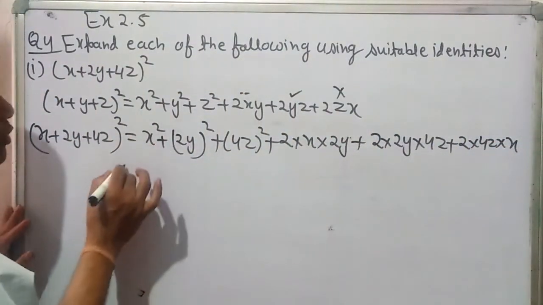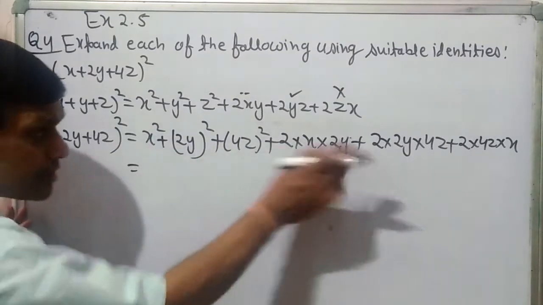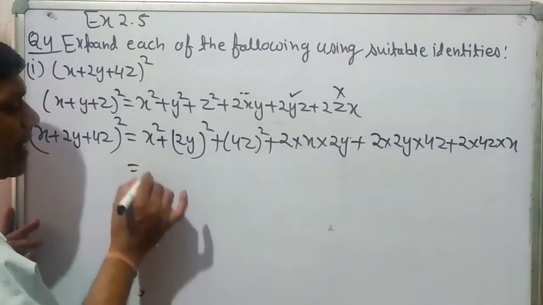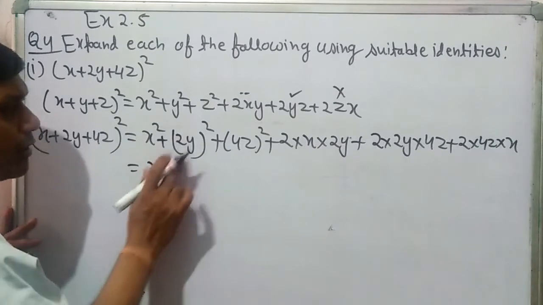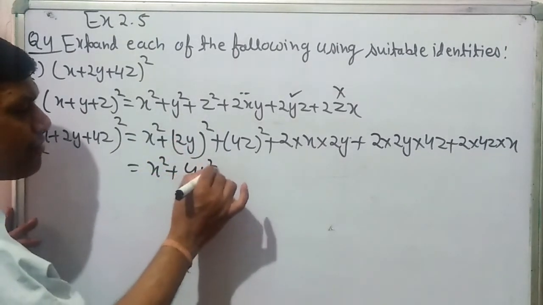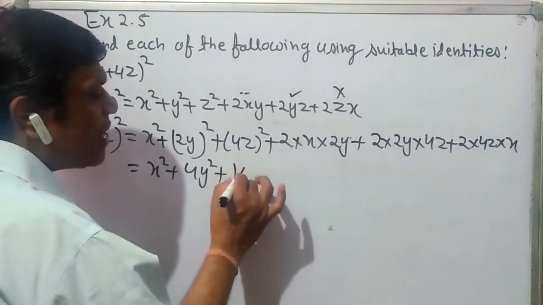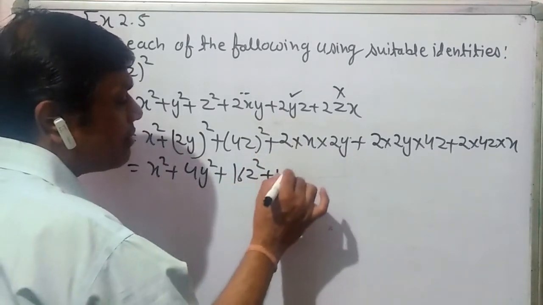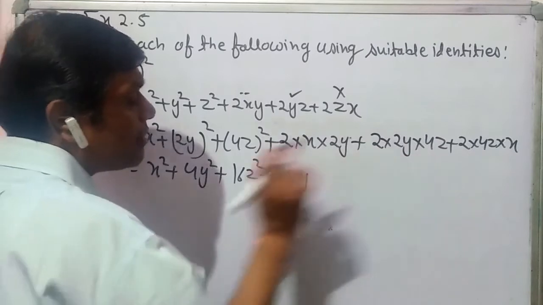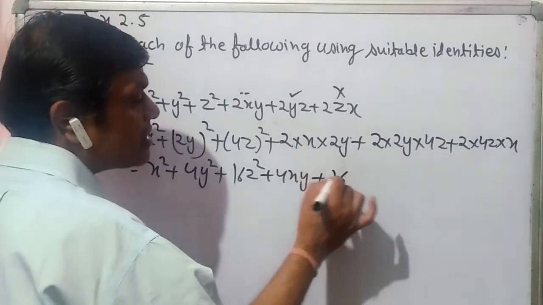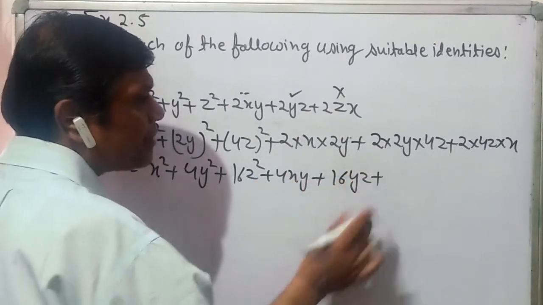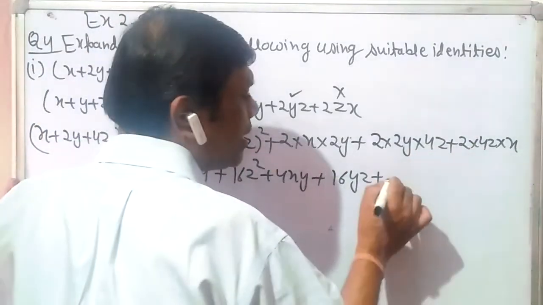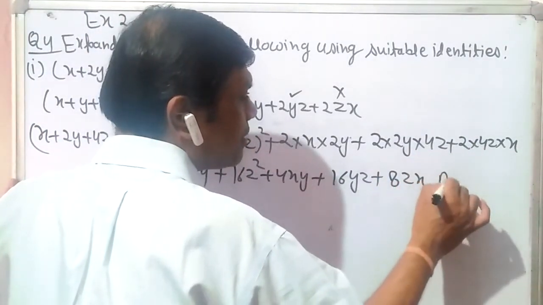We have simply to square and simplify them. What we get is x square, twice y square is 4y square, 4z square is 16z square. That should be 4xy. 2 twos are 4, 4 fours are 16 yz and 8 zx.